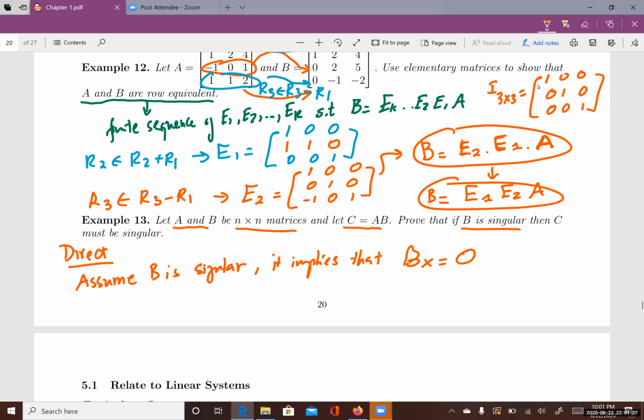So B is an n by n matrix, and Bx equals 0 is a homogeneous system. And as you remember, a homogeneous system is always consistent because x equals 0 can always be one of the solutions. But since B is singular, the system Bx equals 0 will have non-trivial solutions.